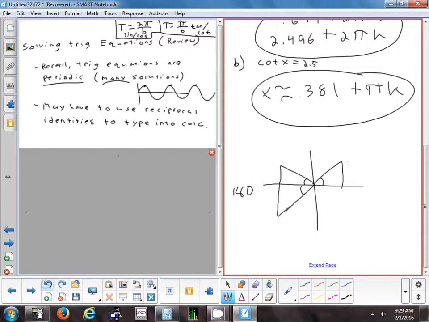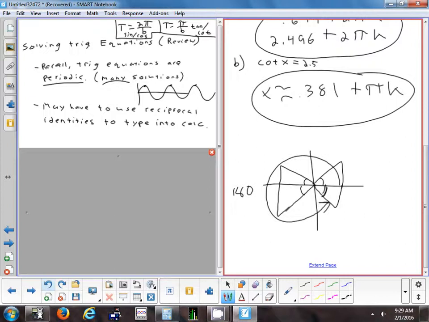How about, let me just get rid of that. These aren't exactly congruent, but pretend. What about if you wanted to be in quadrant 4? This time you're almost going all the way around, except you're short this much.